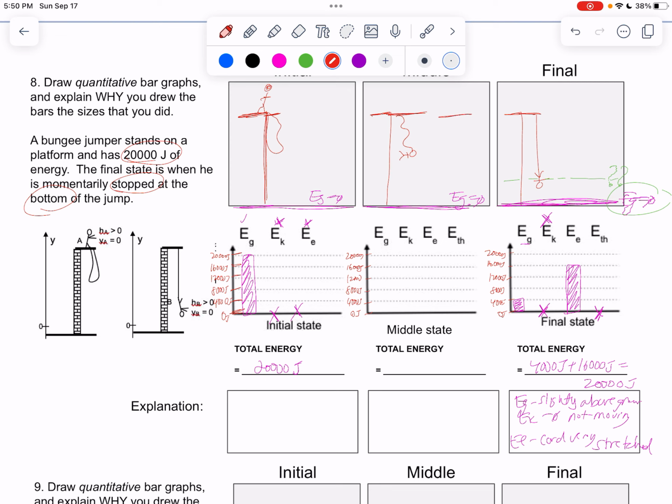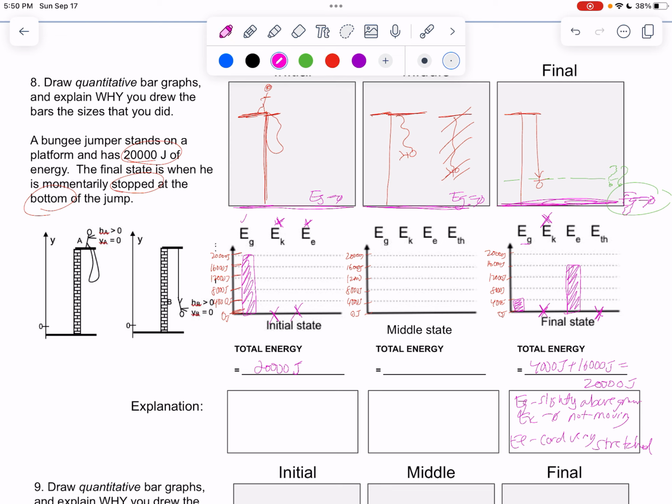Or you could do it where the cord is partially engaged. Either way, as long as you're very clear about it. I'm probably just going to do it when the cord is just about to be engaged.